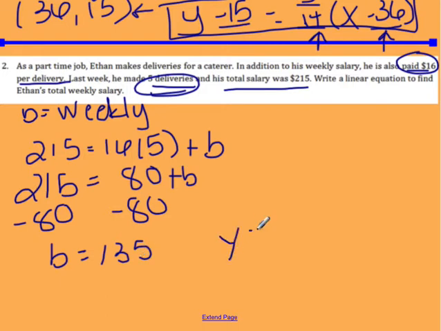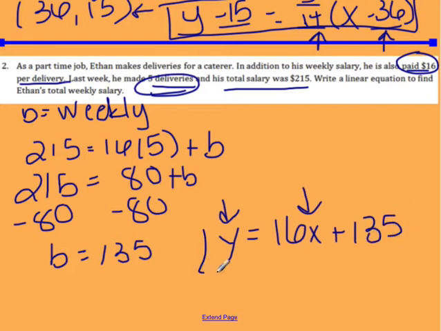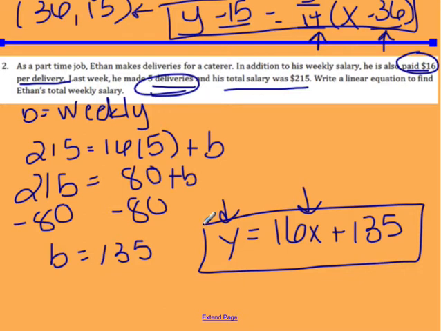So I get that y is equal to 16x, y being his total salary, x being the number of deliveries he makes, plus his weekly salary of $135. This right here is that linear equation.